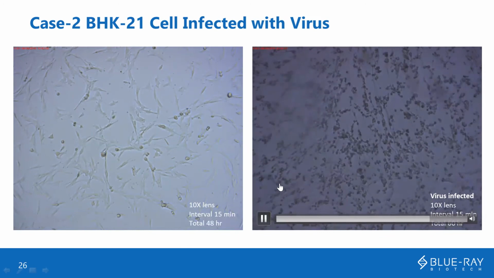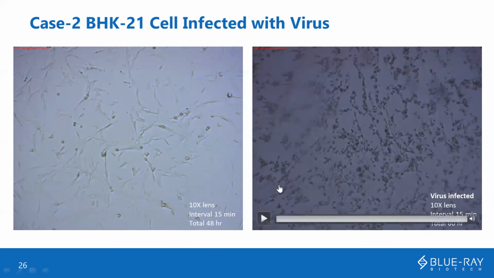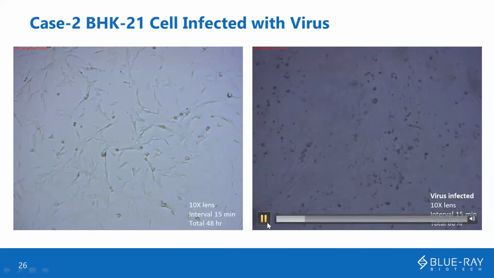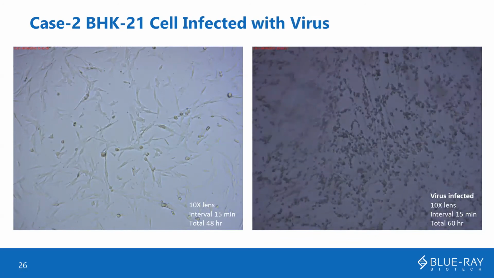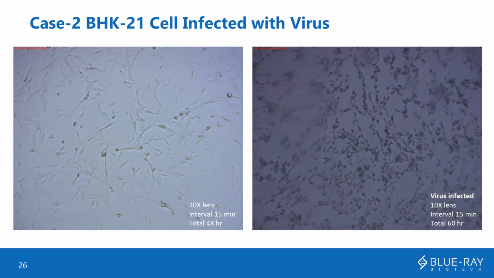You can see a lot of small black dots forming. You can see that this viral infection is progressive and causes cell death. So it is important for them to identify this characteristic of the virus, which they can determine in the dynamic video.